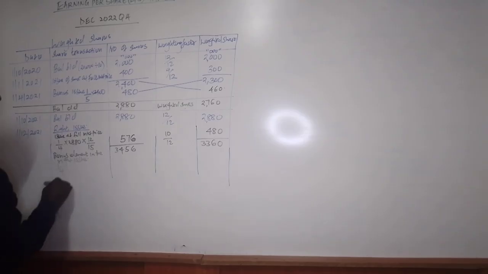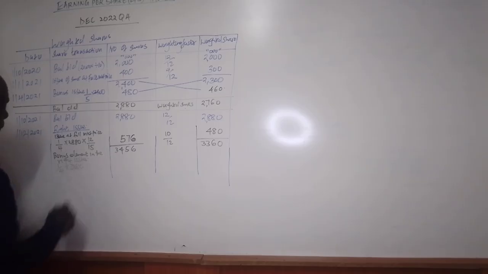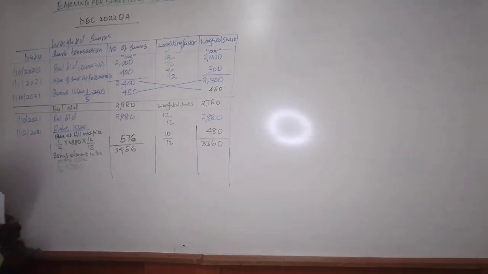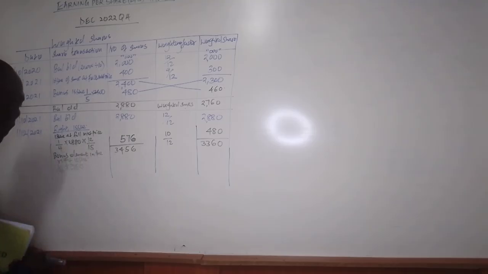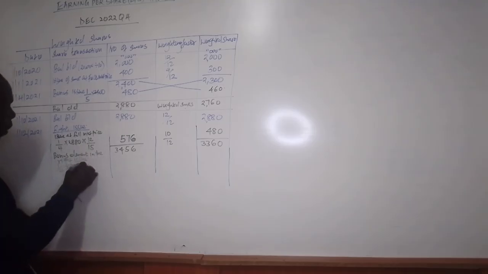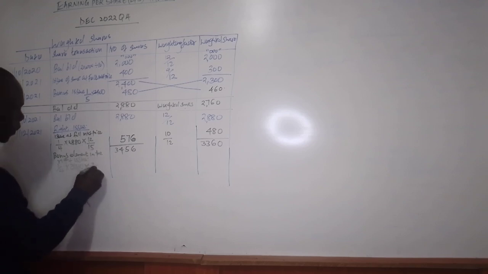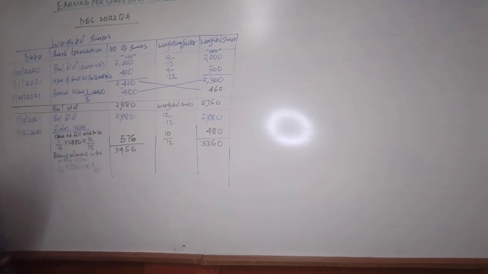It is 1 over 4, out of which you multiply by 2880. But we paid the full market price at 12. So we had a discount of how many shillings? Out of 15, it will be 3. So it is 3 all over 15. So how much will that be? Let us see.